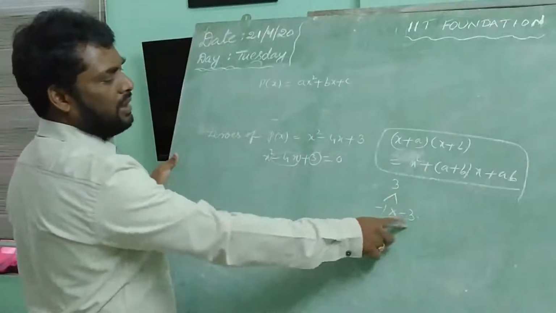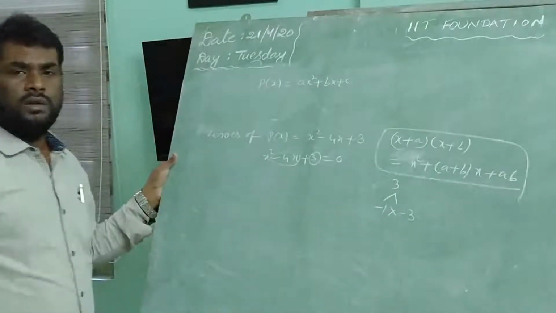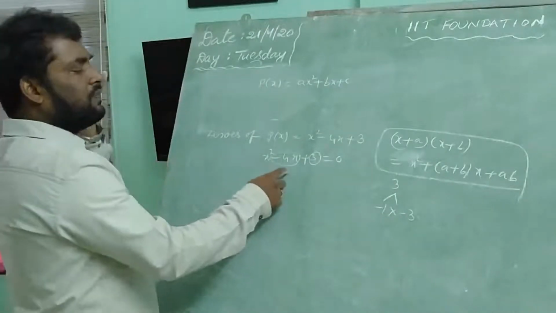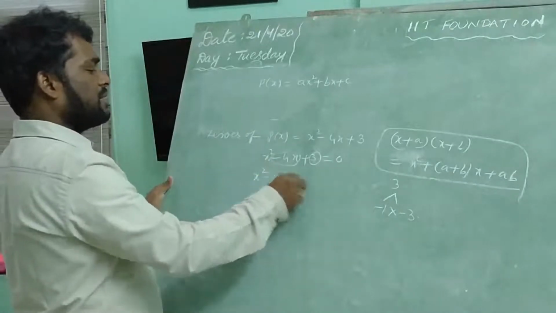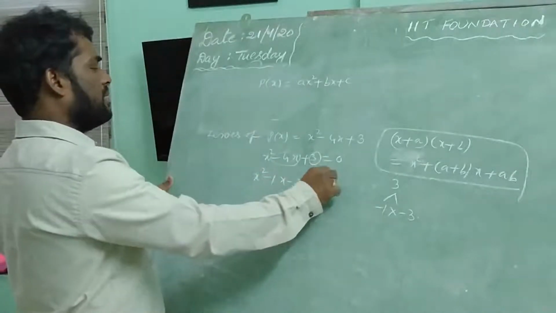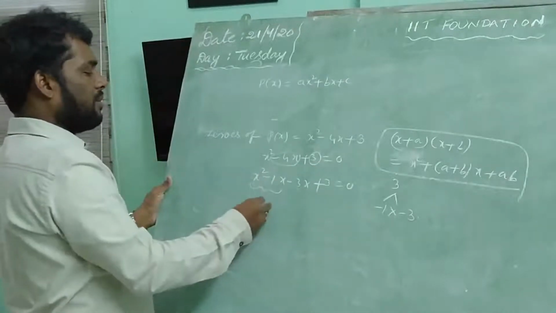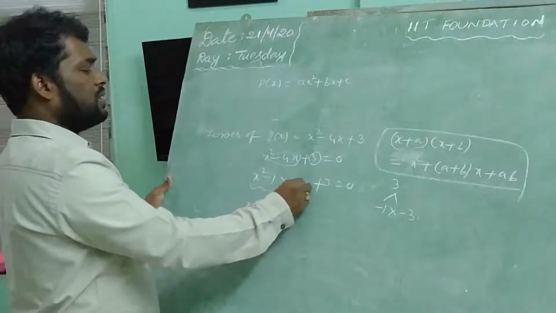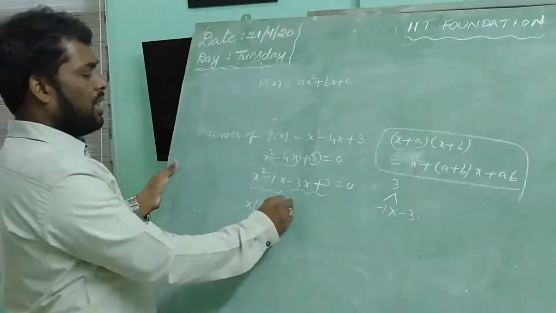Minus 1 into minus 3 is equal to 3. Minus 1 plus minus 3 is equal to minus 4. So this minus 4x can be split into x square minus 1x minus 3x plus 3, that is equal to 0. So if you take x as common here, x minus 1 comes. In these two, what do you take as common? You can take minus 3 as common.